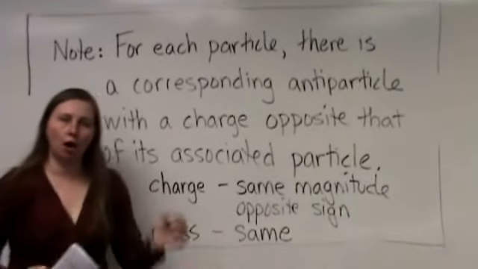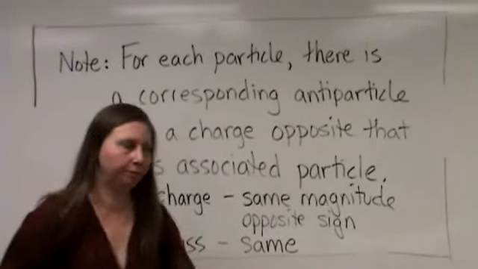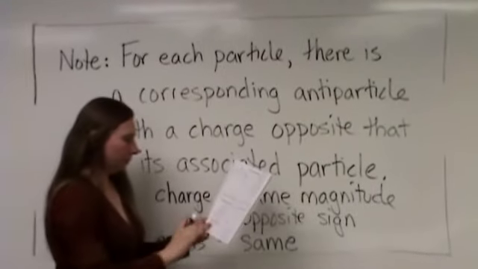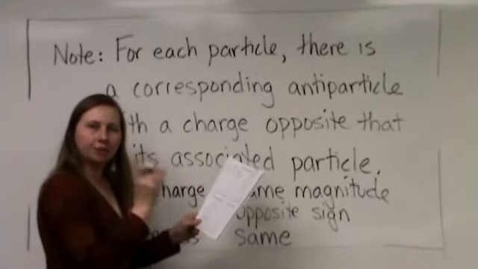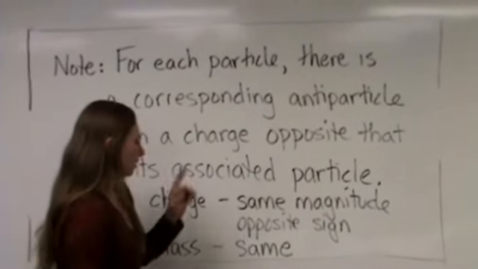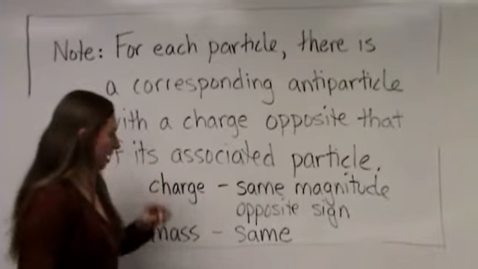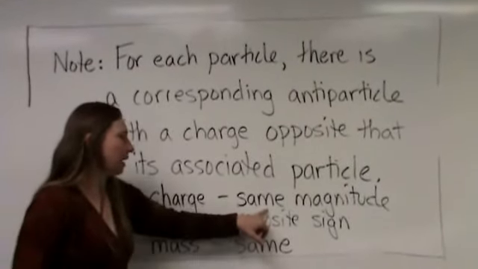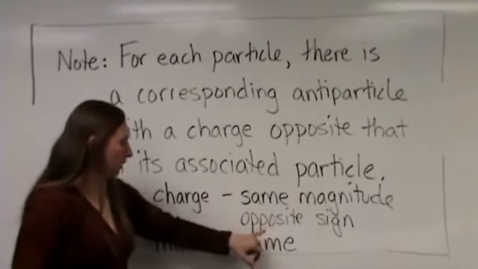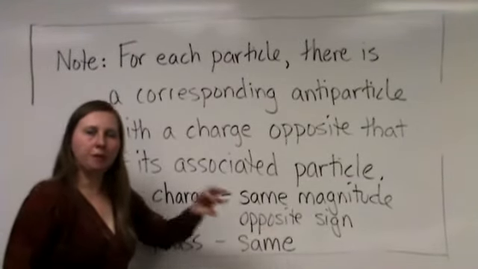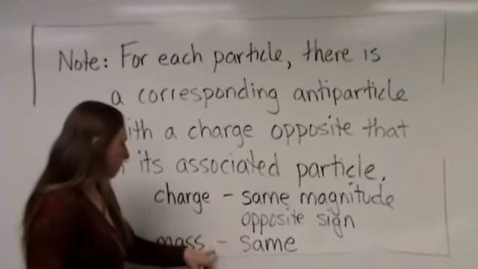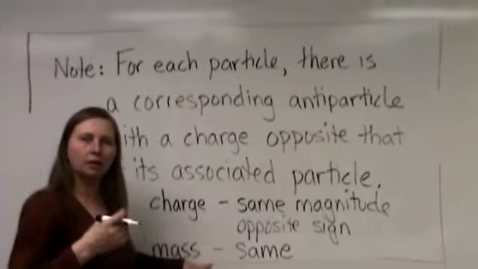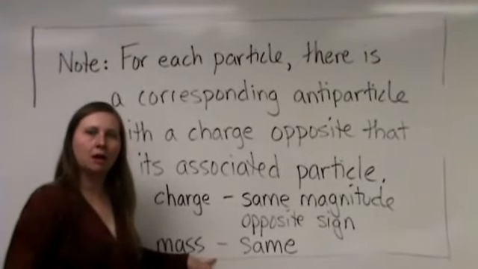It says here that the up quark has a charge of positive 2/3 E. Now, the anti-up quark would have the same magnitude, but opposite sign, so it would be negative 2/3. The mass of the up quark and the up anti-quark would be the same mass.